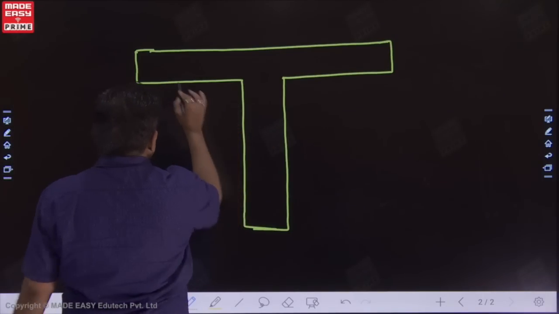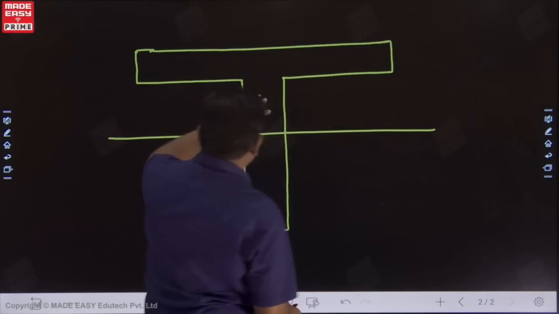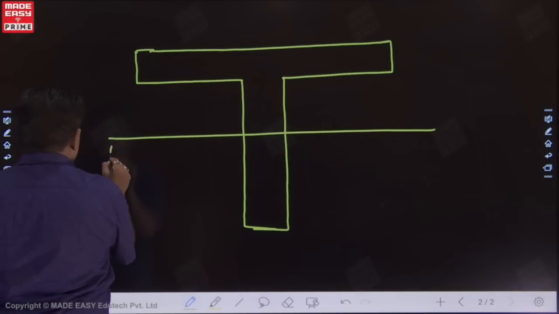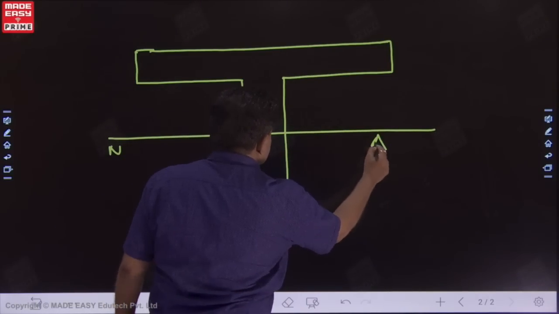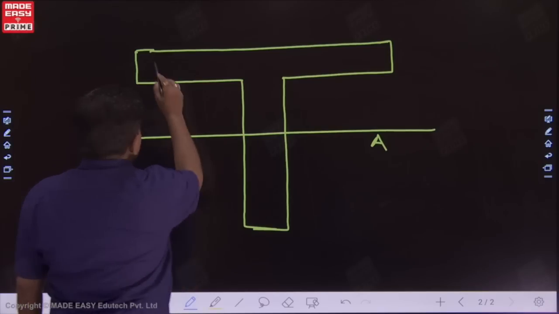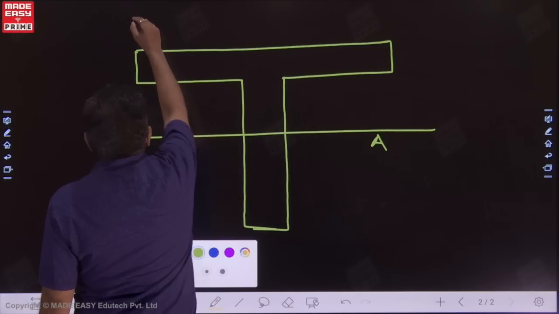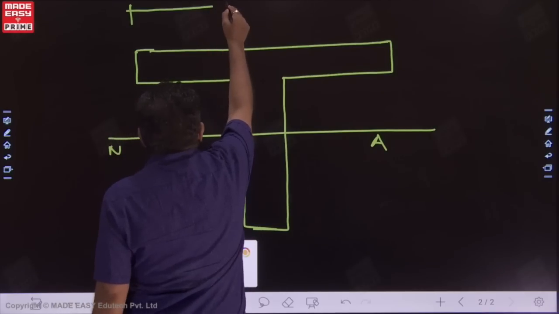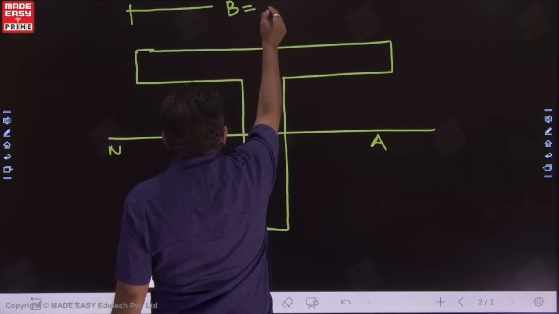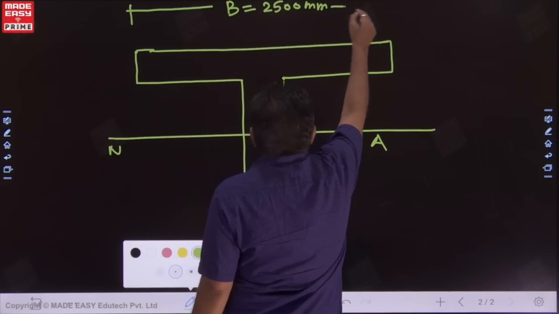Here let me explain. This is the width of flange in the portion where it is acting like a T-beam. Suppose this is the location of the neutral axis. Now in this case we don't consider the full width of the beam. This is the total width of the flange, like in this question it is 2500 mm.